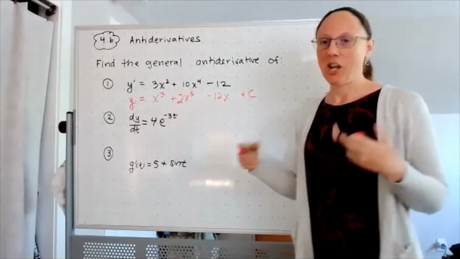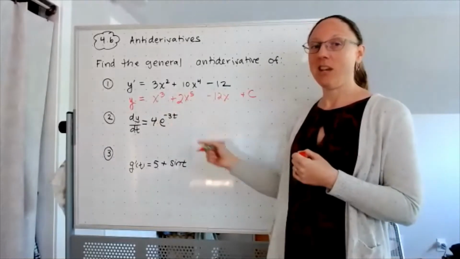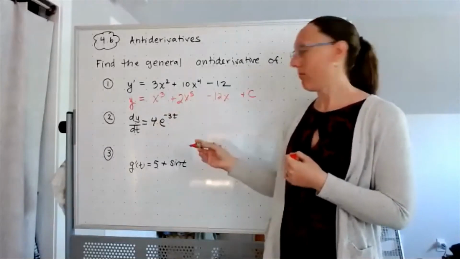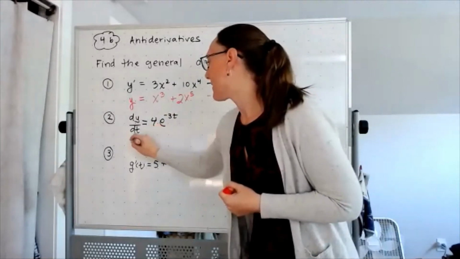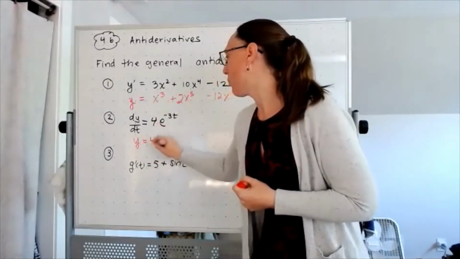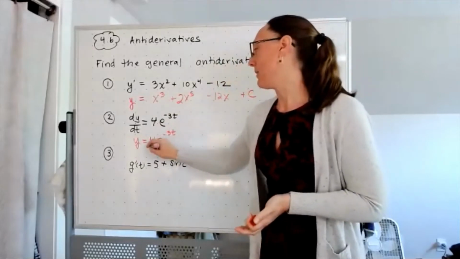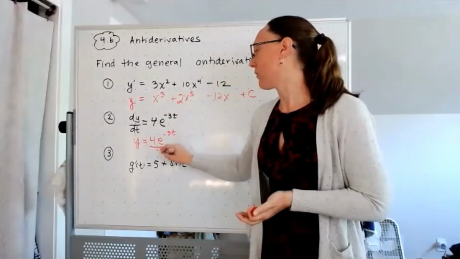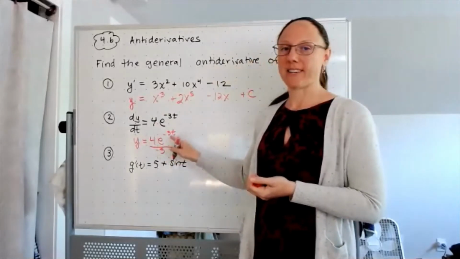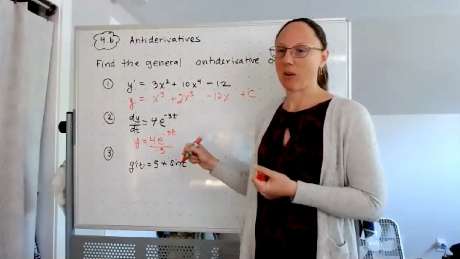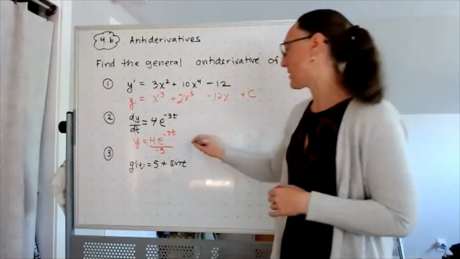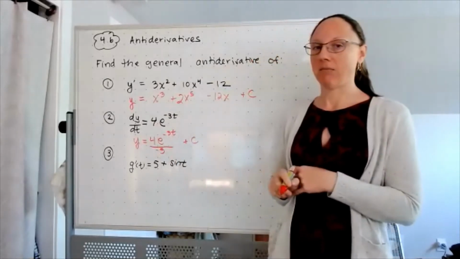On this next one, anytime we have an exponential, I'm going to keep that exponential the same. So this is going to look like y equals 4e to the negative 3t, but I'm going to divide by negative 3 because I have that constant times my exponent. Again, I want all my points. Here's a plus c.